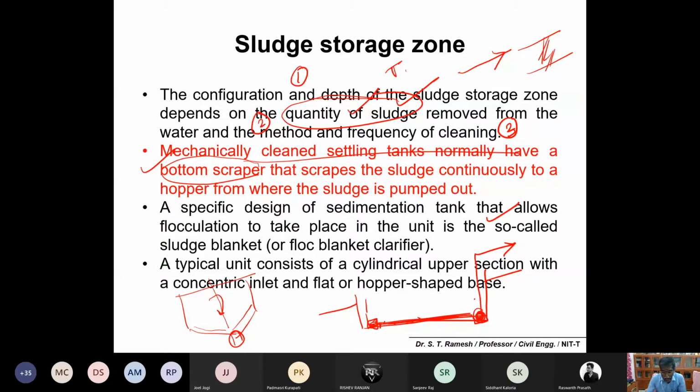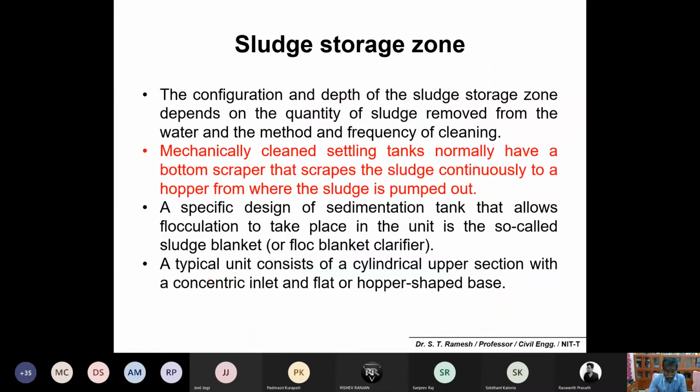Something similar to that. So you can have mechanically cleaned settling tanks with a hopper bottom, with the bottom scraper that scrapes all the sludge continuously to a hopper bottom where you can easily pump it out.